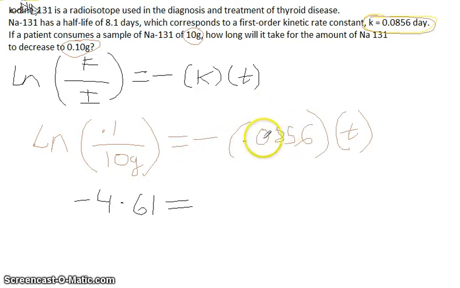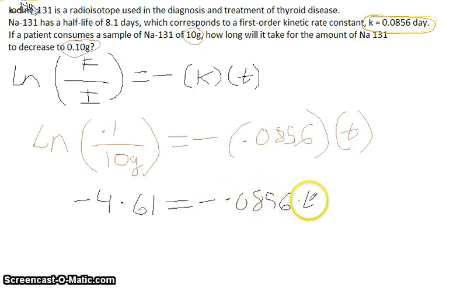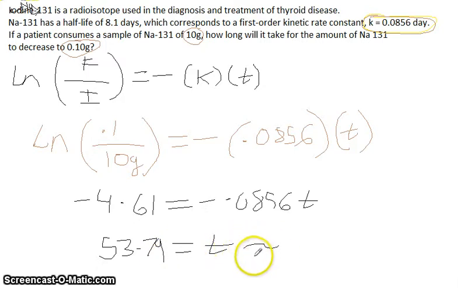Negative 1 times 0.0856 times t is basically negative 0.0856 t. Now let's divide this equation by negative 0.0856. We divide both sides by that to get t is equal to 53.79 days, which is basically 54 days.